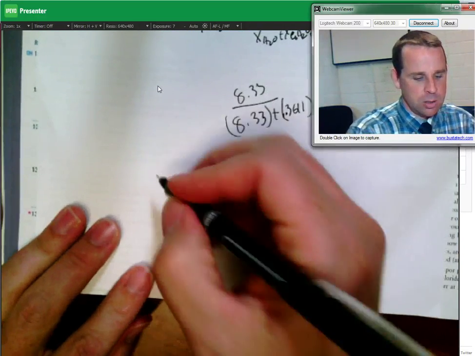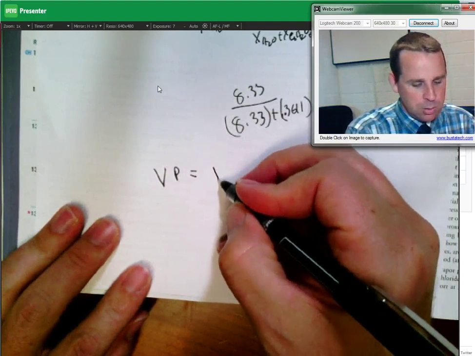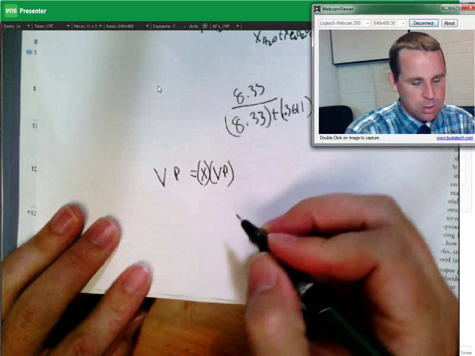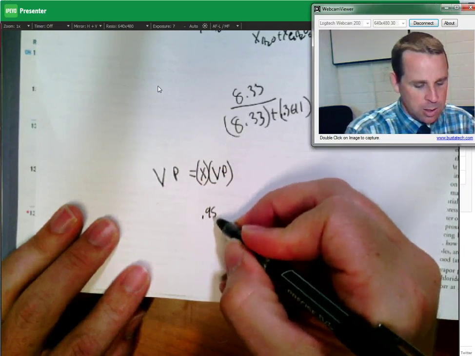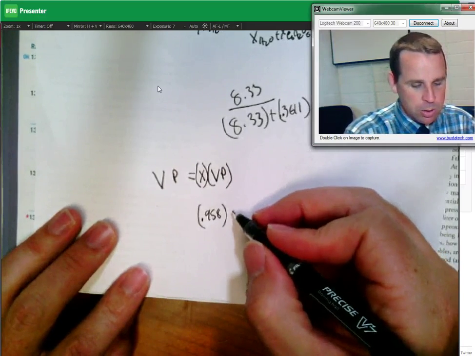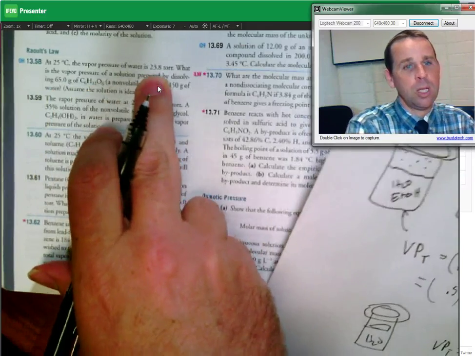Again, my resulting vapor pressure is going to be the original vapor pressure times the mole fraction of the water. So 0.958 is the mole fraction of the water, and the original vapor pressure was 23.8 torr.